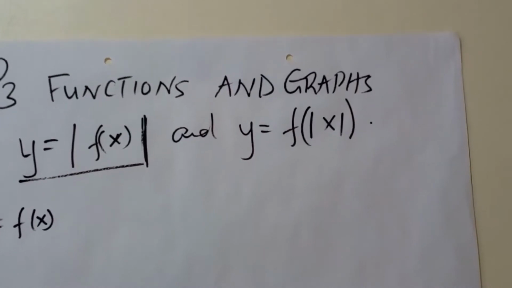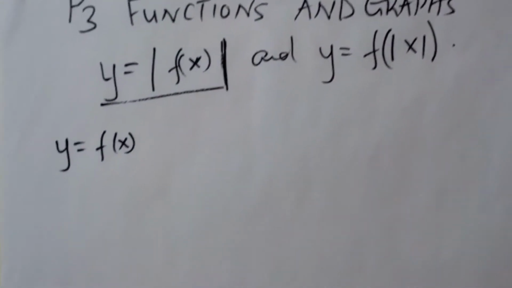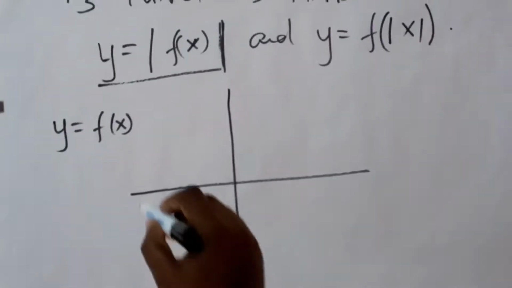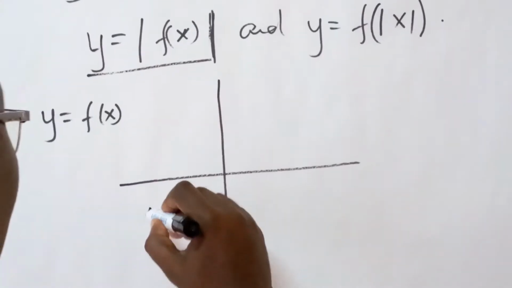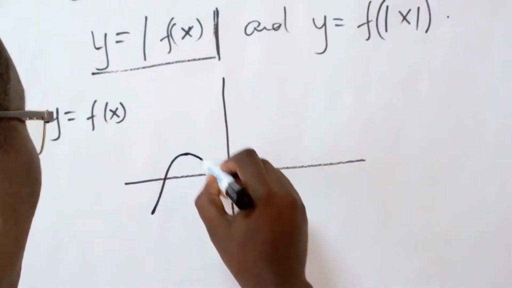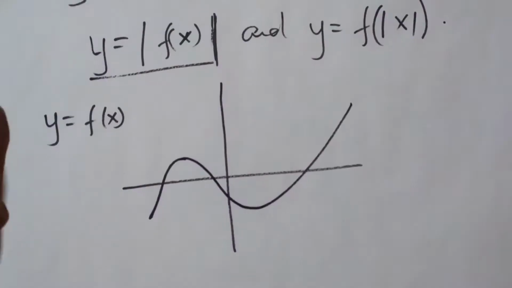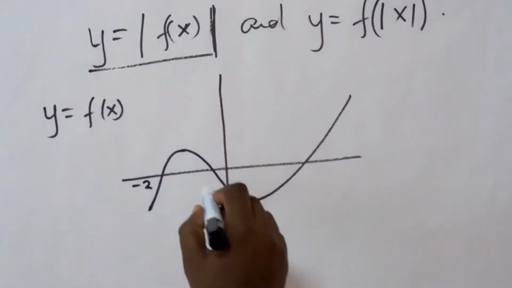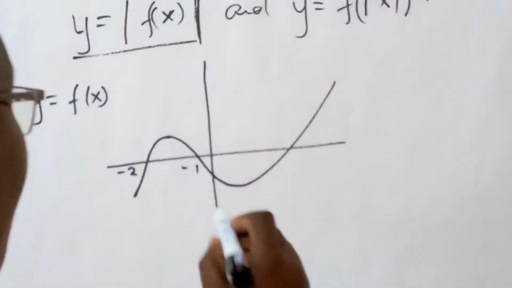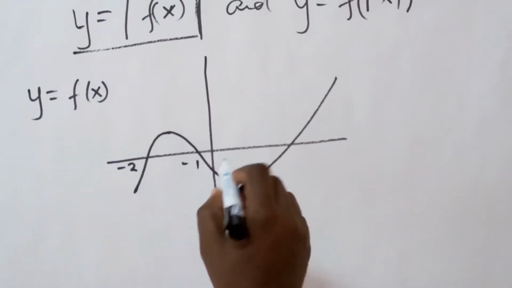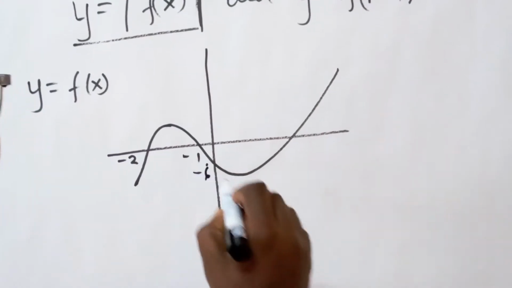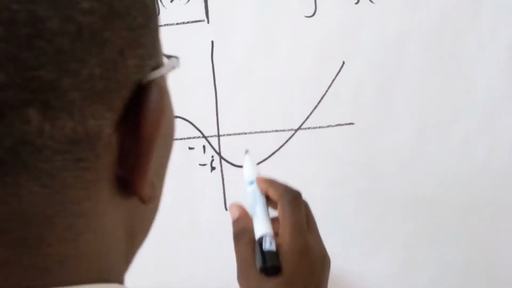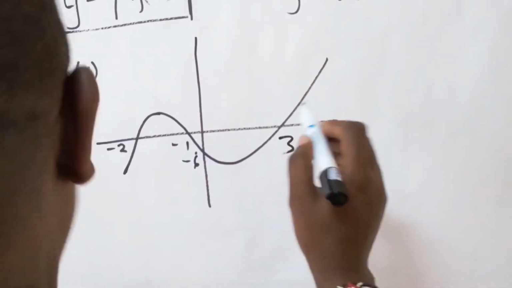What does that mean? If you look at this graph, which is sketched that way, this is -2, this is -1, and this is probably let's say 6, and this can be 3.